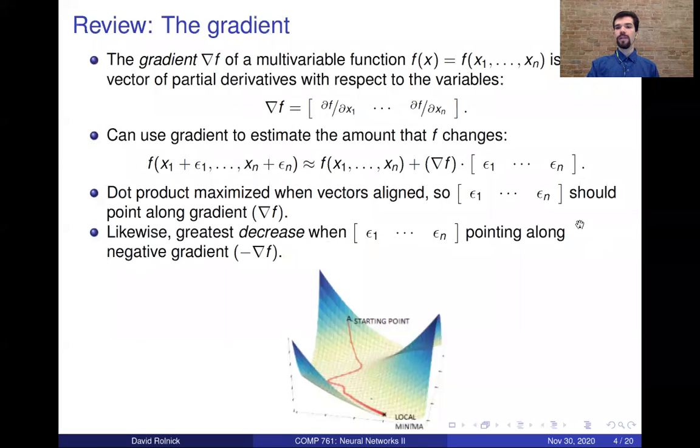And if we want to decrease the function, we want to have the vector of epsilons pointing in the direction of the negative gradient. This is the idea behind what we're going to see now, which is gradient descent, an algorithm to find the minimum of functions.